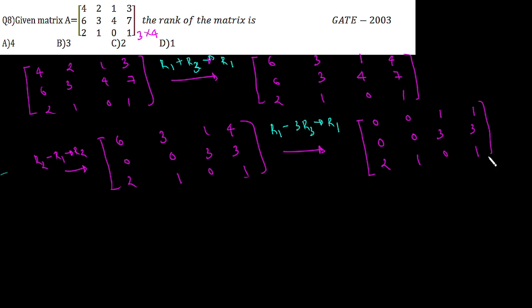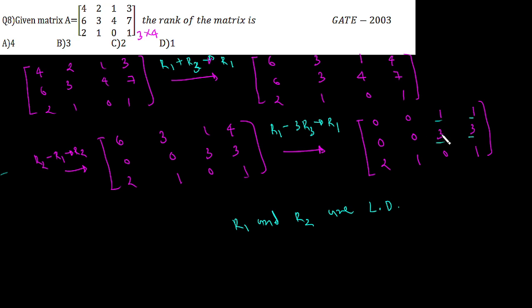So now you can see row 2 and row 1 are the same. In other words, row 1 and row 2 are linearly dependent. So we can reduce further by one more row operation by just multiplying this first row with minus 3 and adding it to this second one.